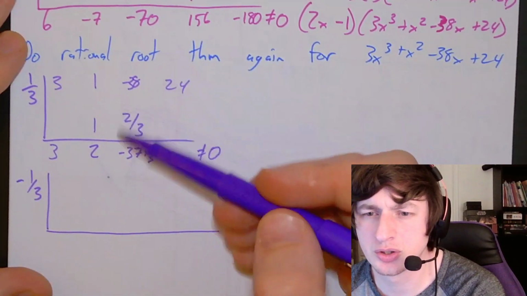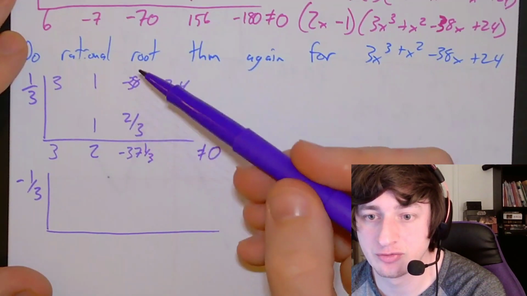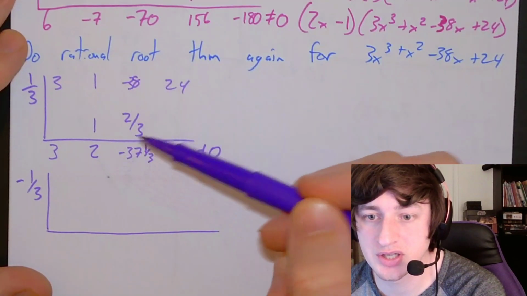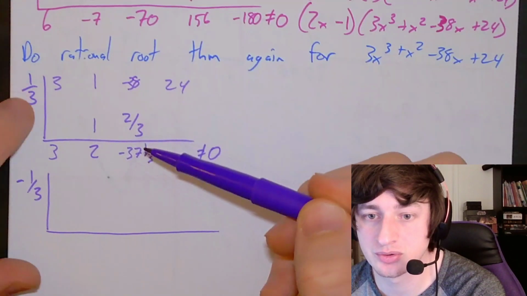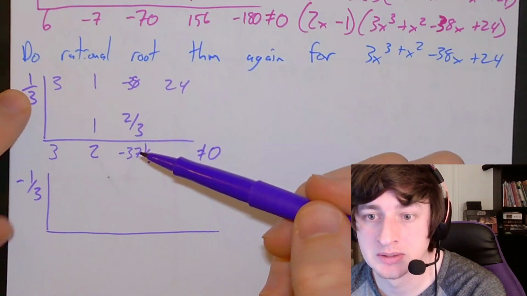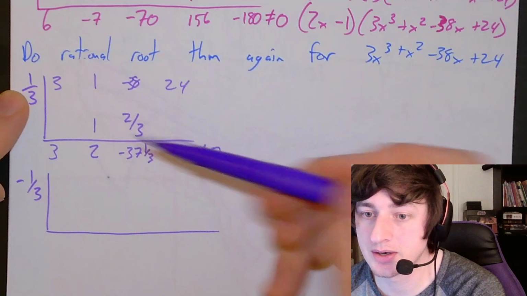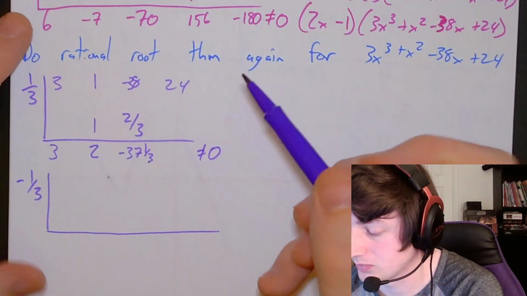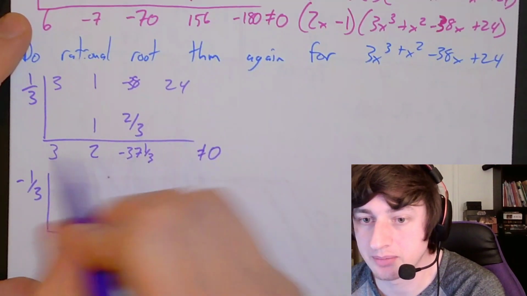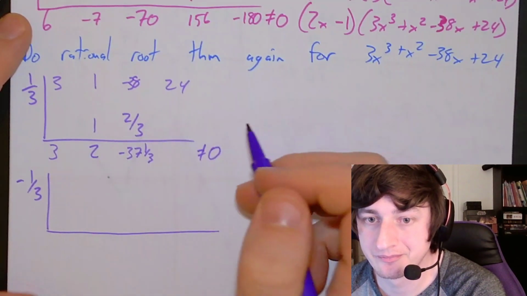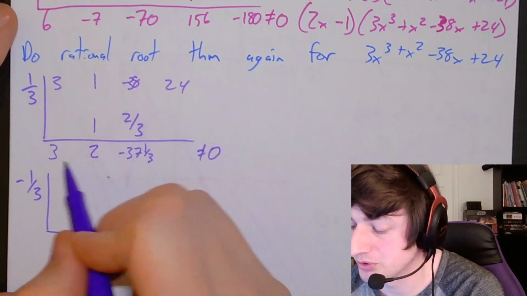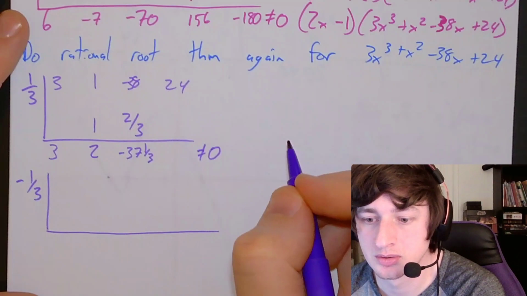So a clue here is that when we add, if we're not getting integers down here that are divisible by 3, then that is not a solution. We should be getting only integers at the bottom. We're still using a fraction, but we should be simplifying to integers down here.